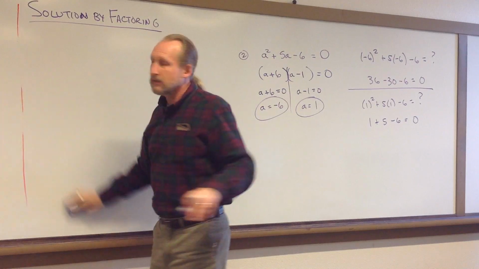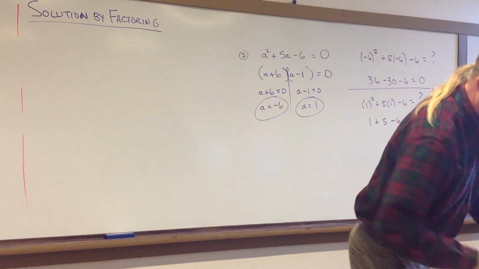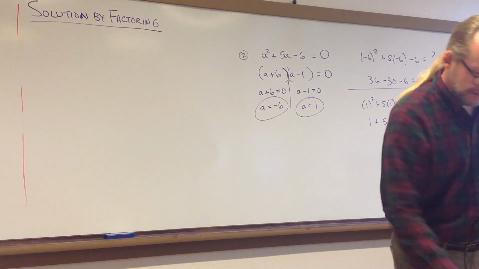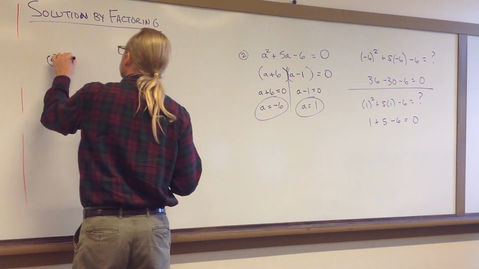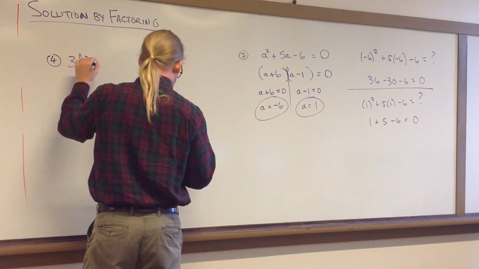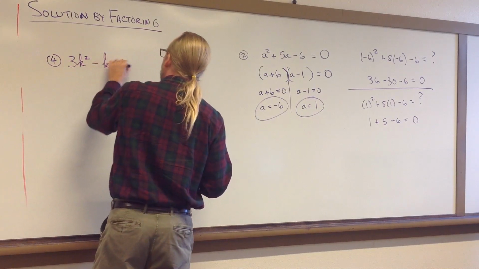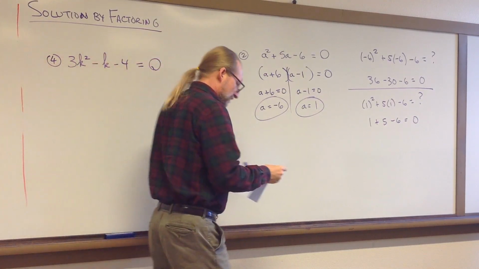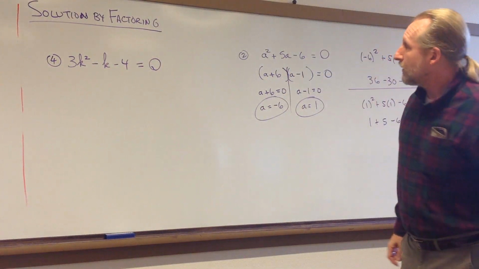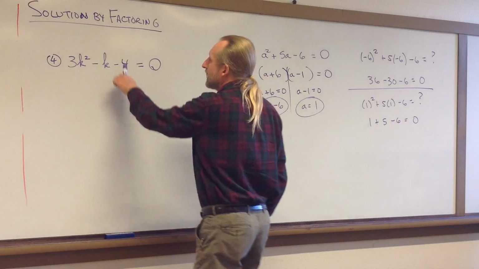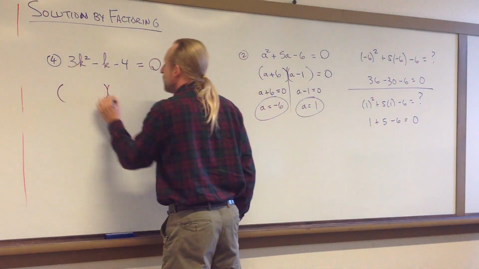All right, let's look at some more challenging problems. Let's see here. Problem 4. Here the factoring is a little bit tricky. Okay, so here we have to factor this. We want to get a difference of 1 in the middle.